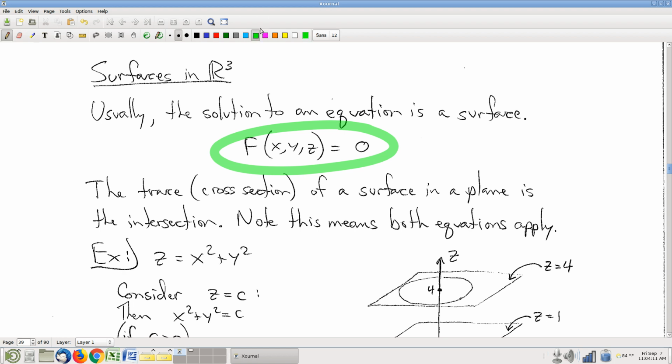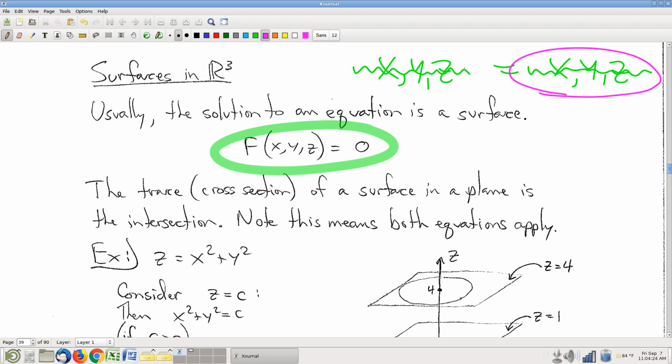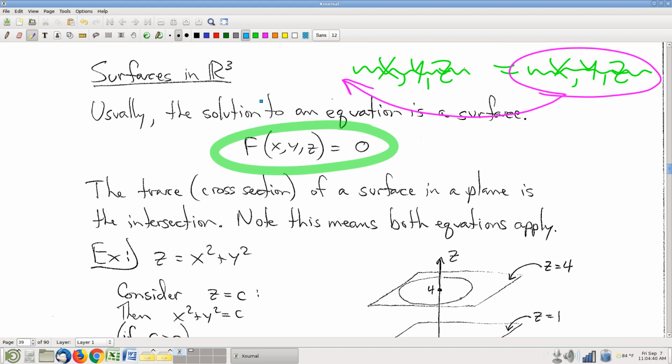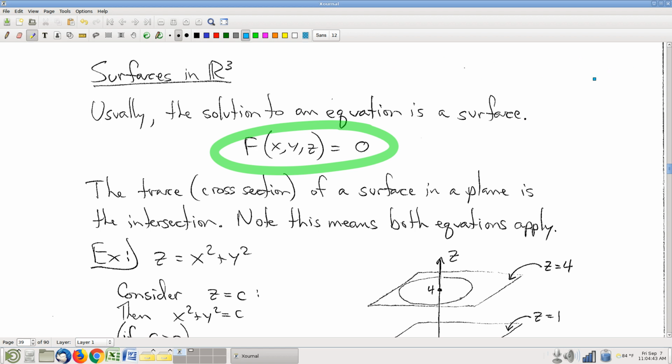If you have an equation involving three variables, x's, y's, and z's, notice that you could take all of that stuff and subtract it over to the other side, and you would have a function of x, y, and z equals 0. So it's a little algebraic trickery, but it's convenient to be able to say that anytime you're talking about an equation of three variables, we can talk about it in this form.